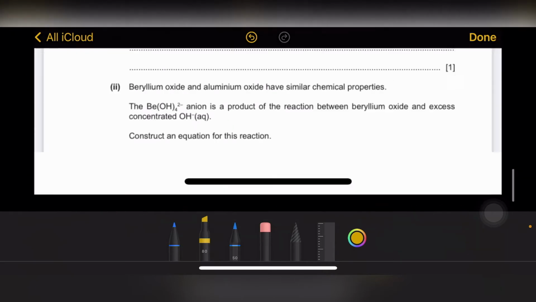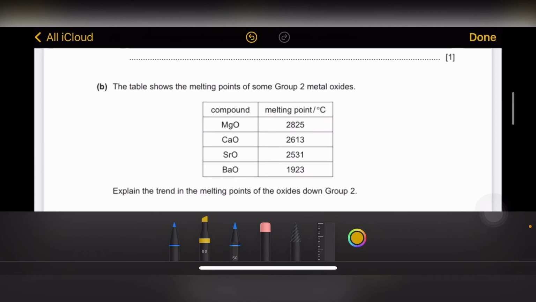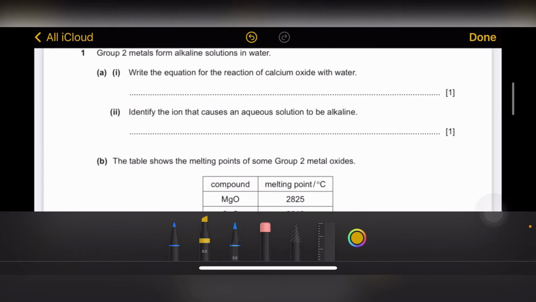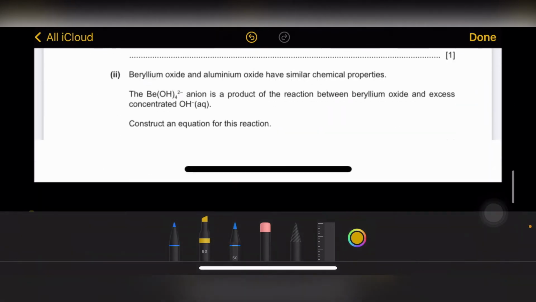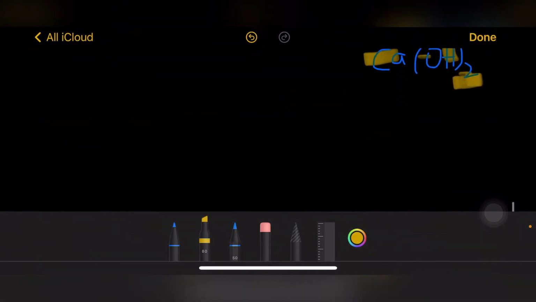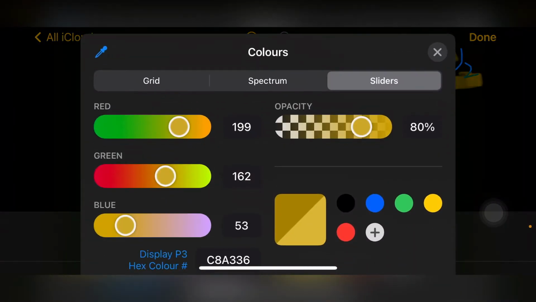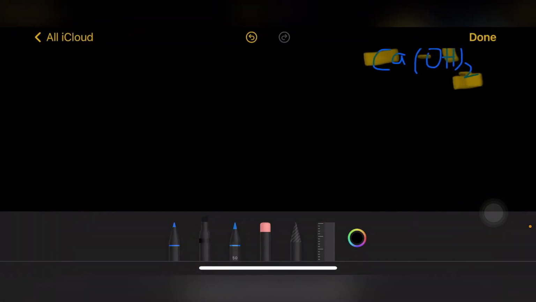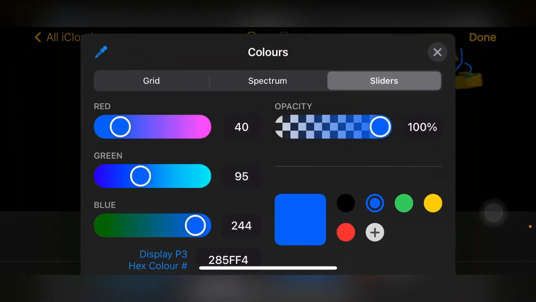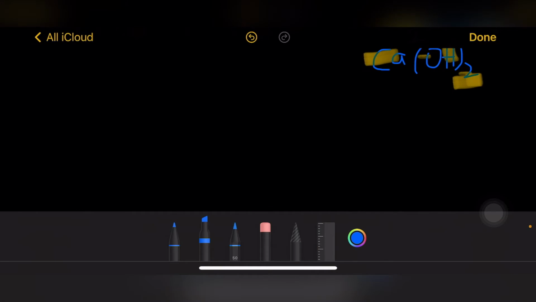Now moving on to the second part, it says identify the ion that causes an aqueous solution to be alkaline. So basically, what causes an aqueous solution to be alkaline?